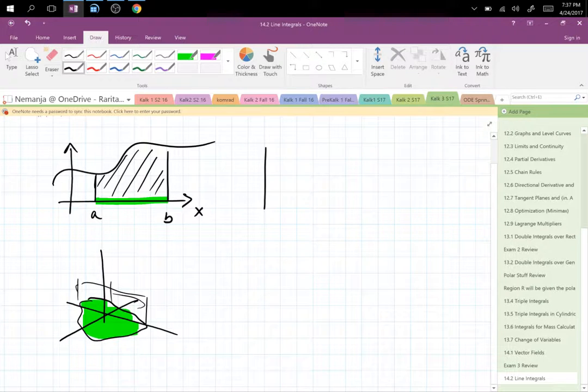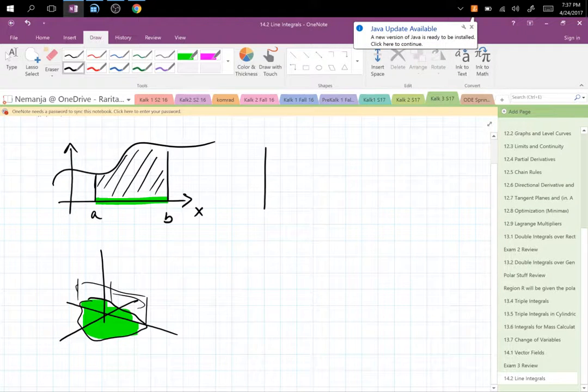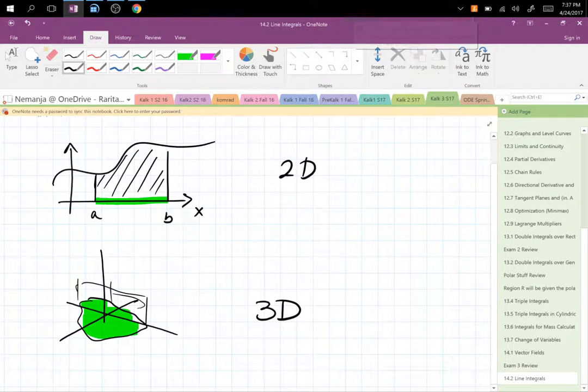So this would be a 2-dimensional domain, but you are computing volume, so you're talking eventually 3D. So this was 2D, and this was 3D. What you are going to do now with the line integral is the 2D integral again, but it's in 3D.